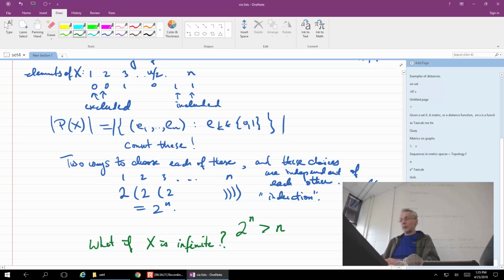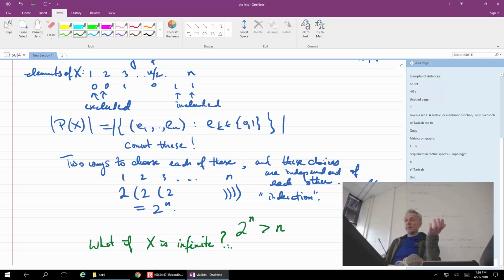Is it still true? It's a good question. The answer is yes, meaning the power set will be larger than the set itself every time, even though we are talking about infinite sets.